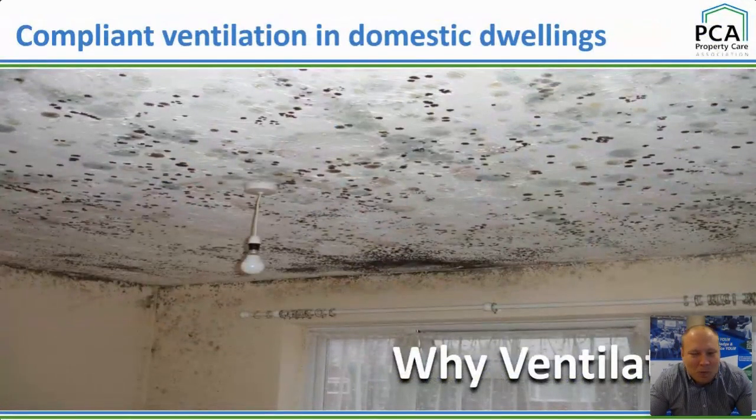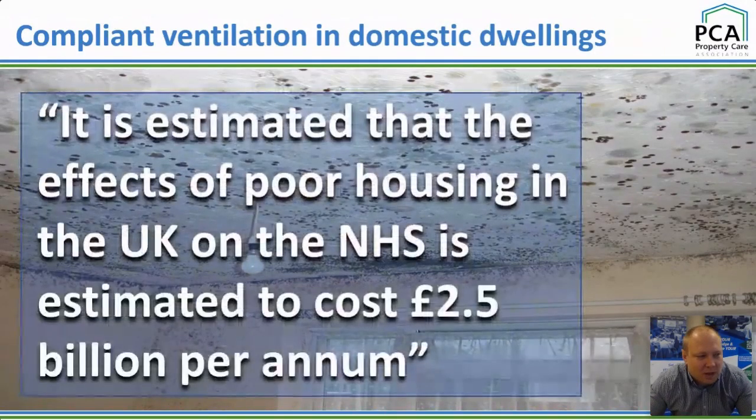So, compliant ventilation. I like to start with a couple of statistics. This comes from an all-party parliamentary group white paper looking at healthy homes and buildings. It states that the effects of poor housing in the UK on the NHS are estimated at £2.5 billion per year, which I think is quite a large amount of money.